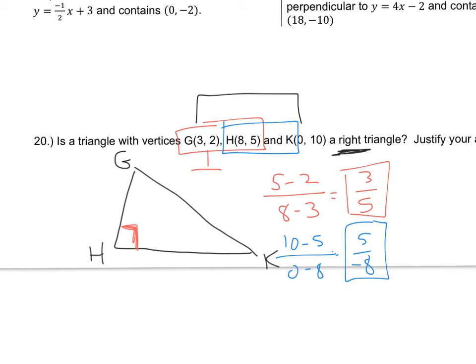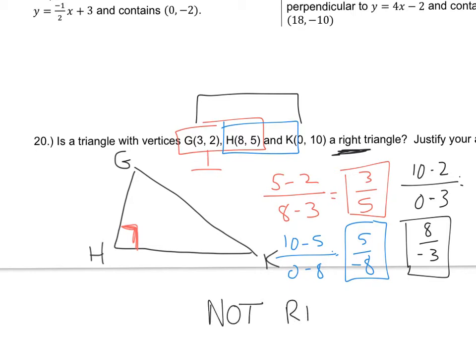Let's check our last one. 10 minus 2 from the G pair over 0 minus 3 for the x's, and that would reduce to 8 over negative 3. So as I compare all three of these, I see no right angle relationship, no perpendicular, so we have to conclude that this is not a right triangle.